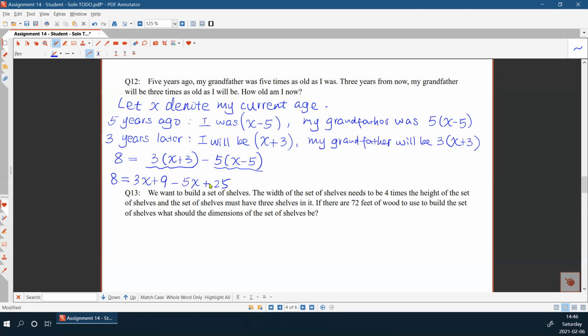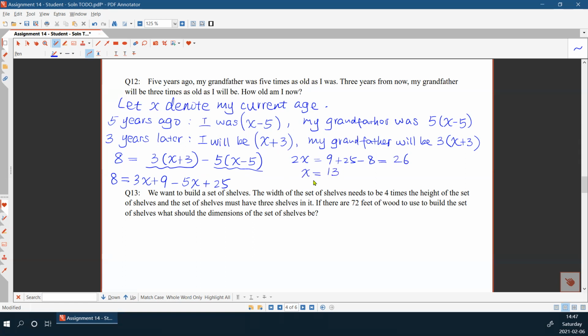And you want to solve for x, then let's move x to the left-hand side of the equation and all the constants to the right-hand side of the equation. And this gives you 2x equals 9 plus 25 minus 8. This is actually 26, right? So x here is 13.